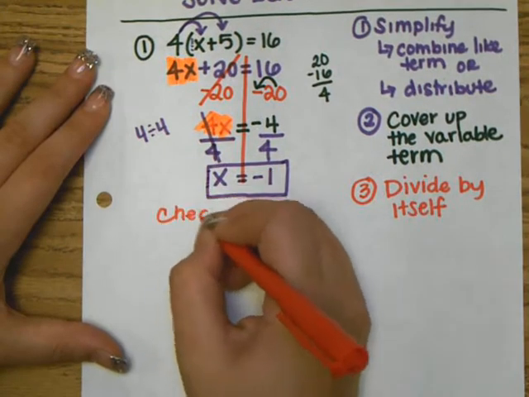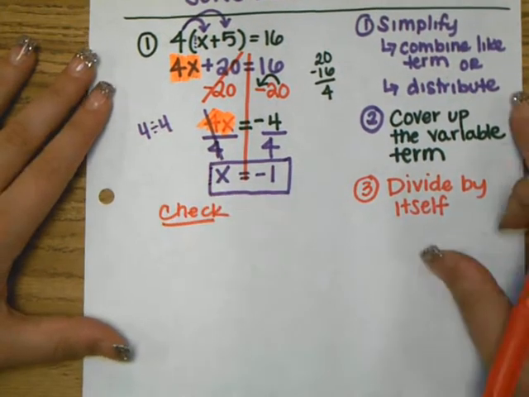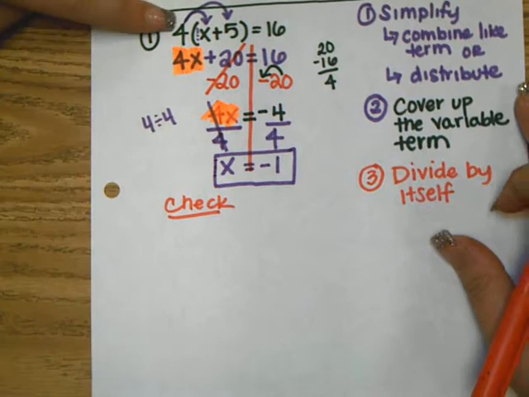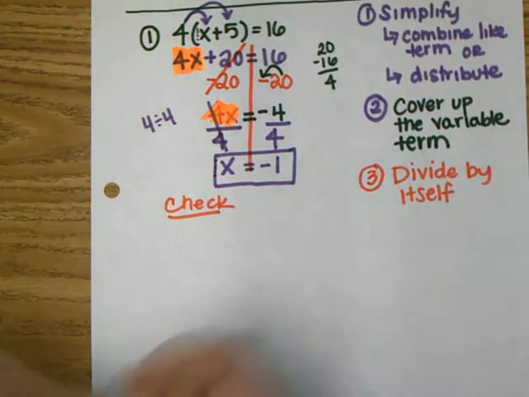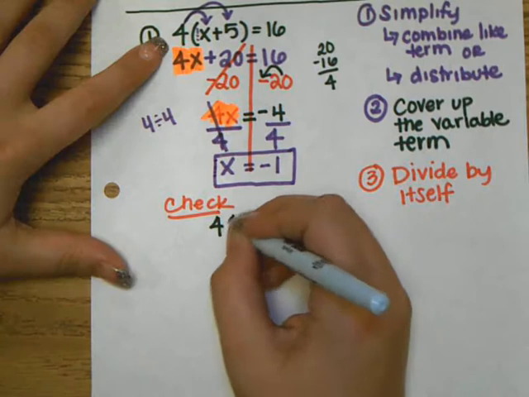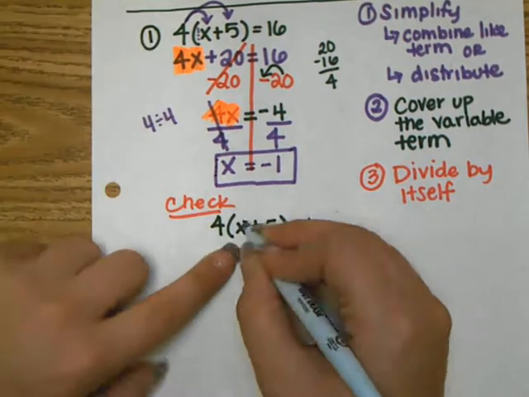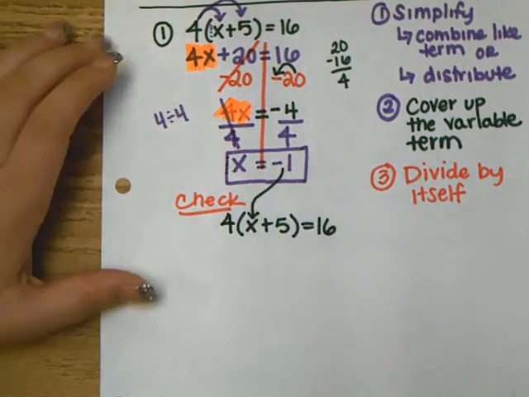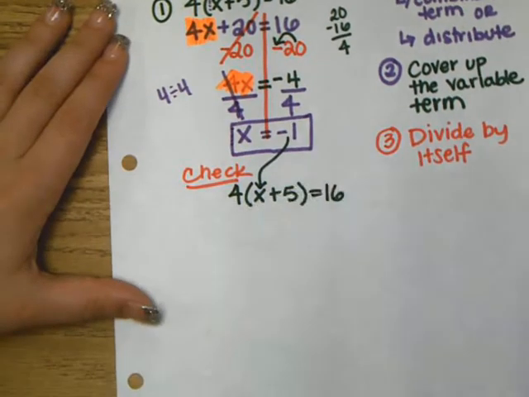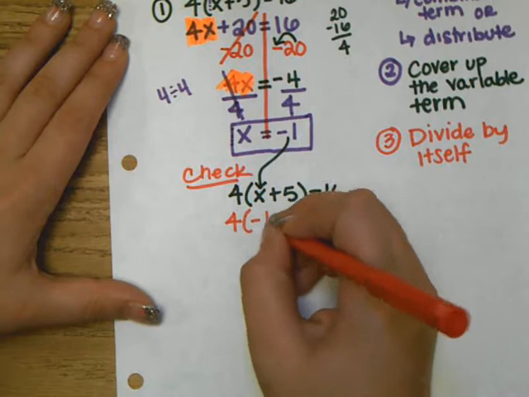Then the nice thing about equations is when you are done, you can check your answer. So to check your answer, you're going to take the original problem, and instead of x, we're going to plug in the negative 1.